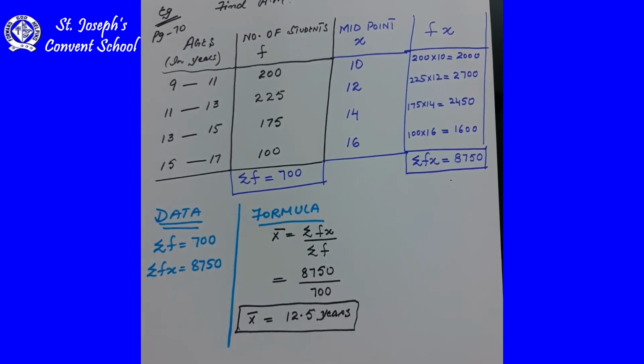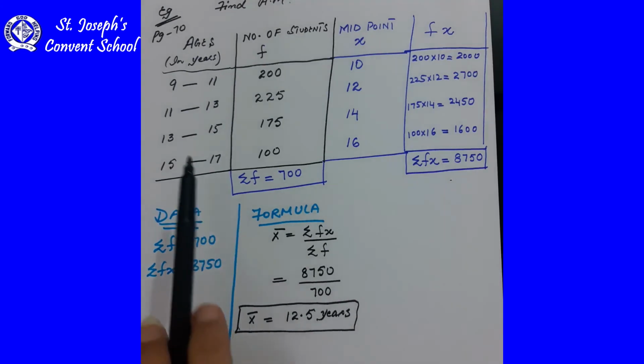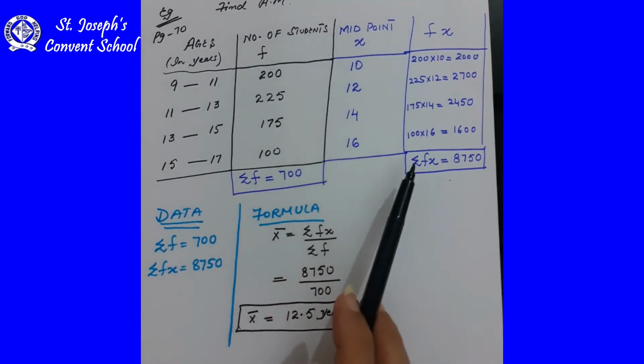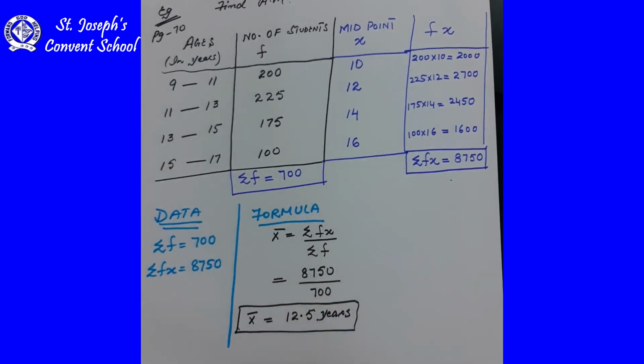So we have done both grouped data and ungrouped data. Remember this, grouped data means columns are given, ungrouped means only numbers are given. So you will solve it according to what type of data is given, whether columns are given or not.